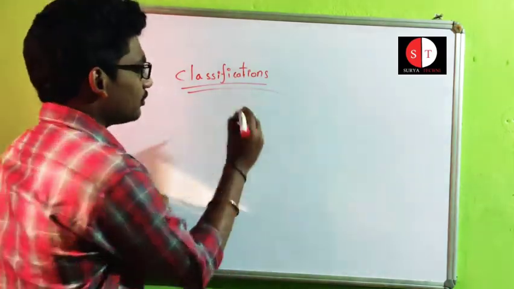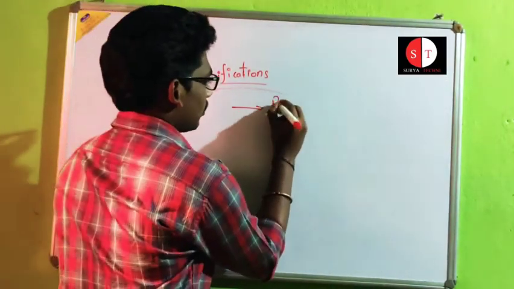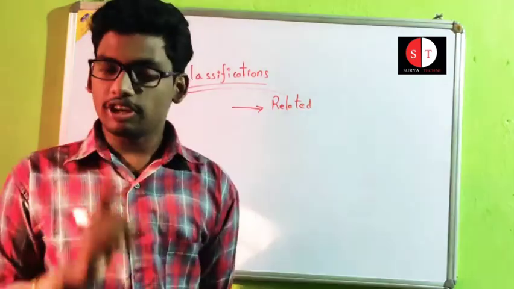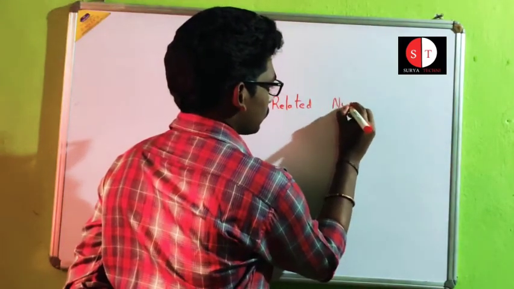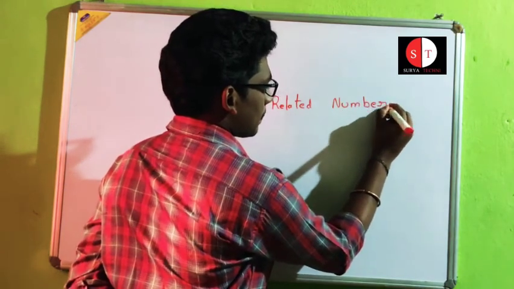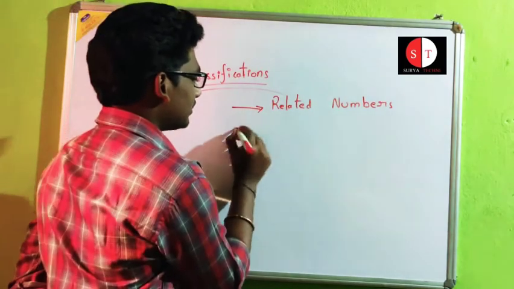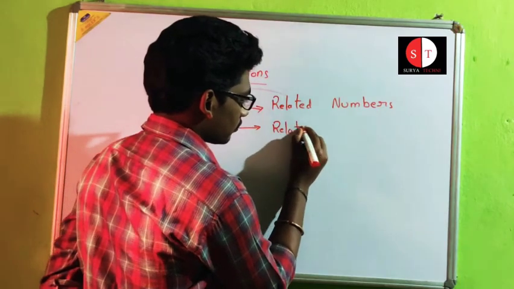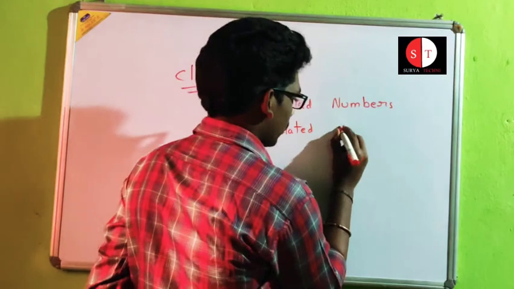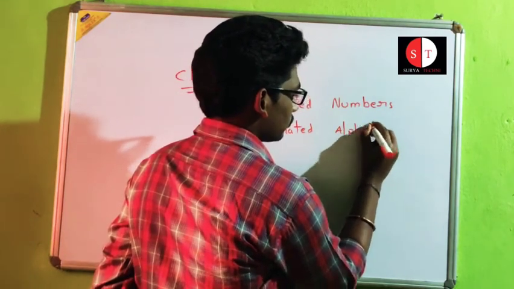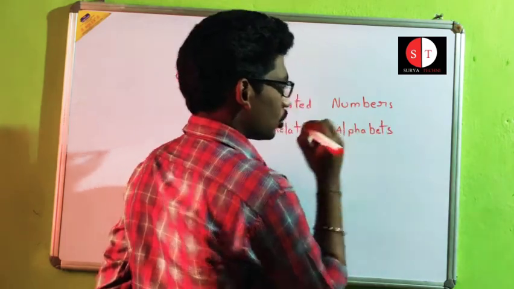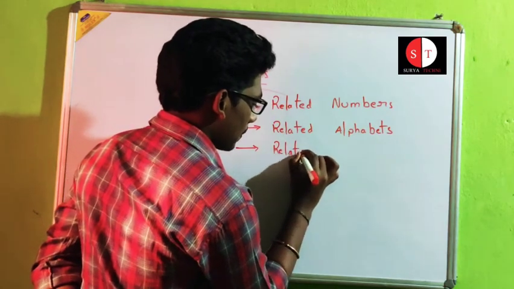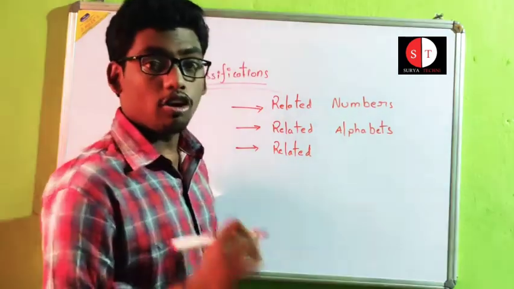Classification is divided into 3 categories. The first one is related numbers, the second one is related alphabets, and the third one is related words.